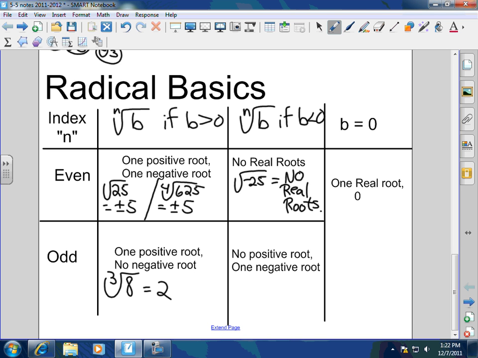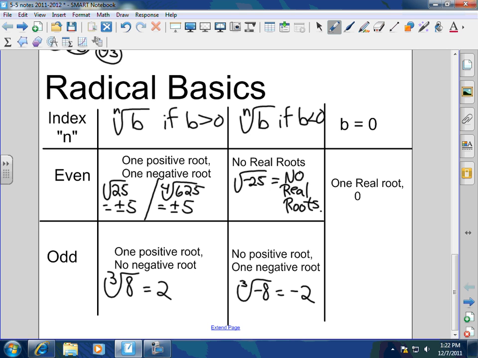So the square root of negative 25 does not exist in the real number system. Now, if I have a negative and an odd root, then you won't have a positive root, but you will have one negative. For example, the cube root of negative 8 equals negative 2 and only negative 2.